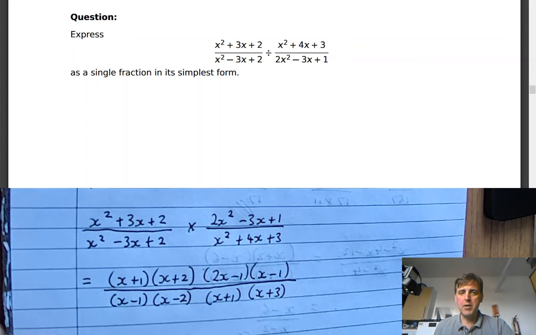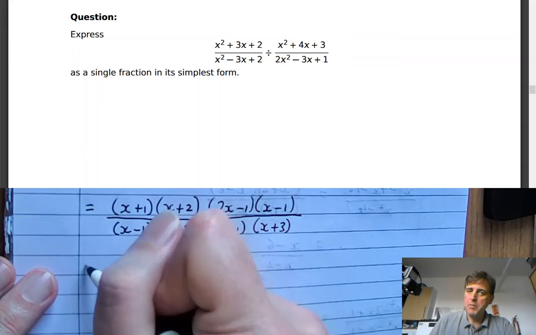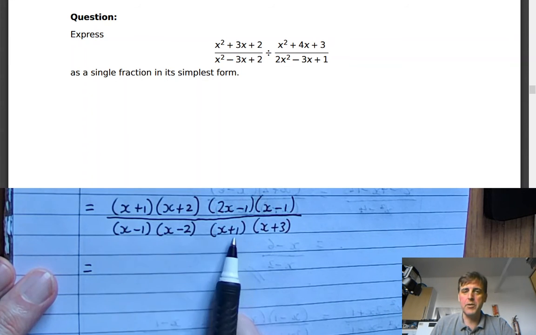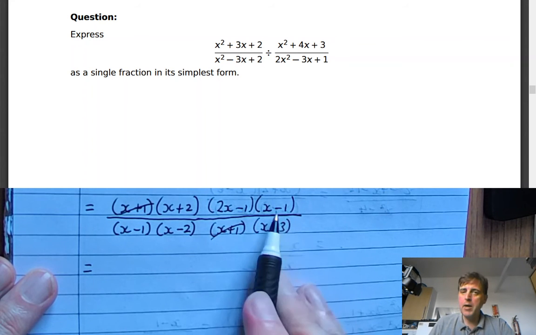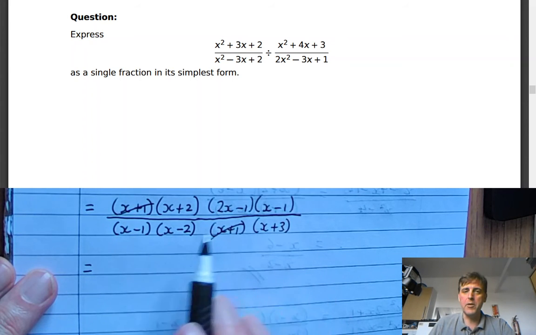Okay, so it looks pretty complicated, but actually the factorization has made things very nice for us, because I can now see, well, this x plus 1 appears on the top and the bottom. If I divide top and bottom by x plus 1, they're going to go. And I can also see an x minus 1, which appears as a factor in the numerator and the denominator.